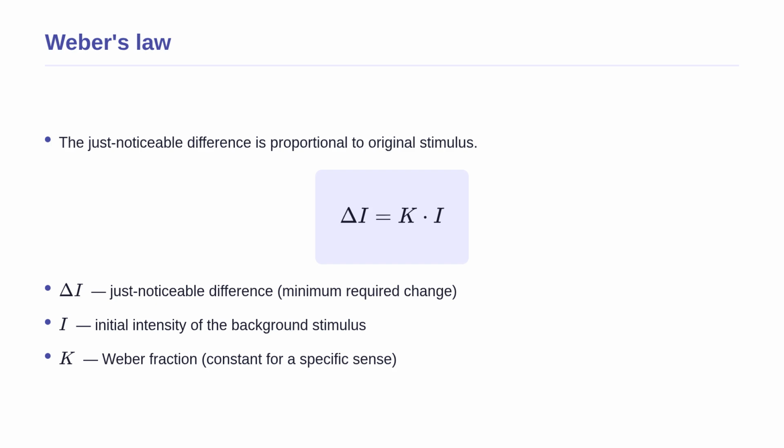The variable I represents the initial background intensity. Finally, K is the Weber fraction, a constant that depends on the specific sense being measured. If the initial intensity I increases, the required change, delta I, must also increase proportionally for your brain to register it.